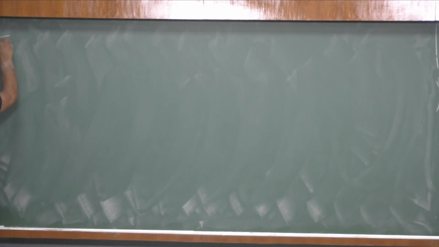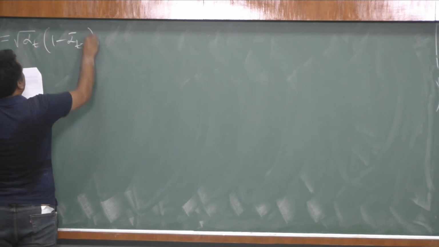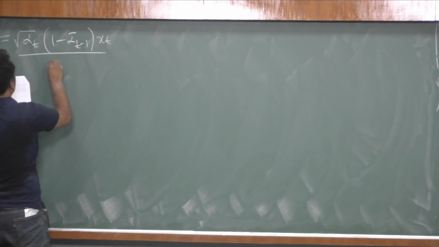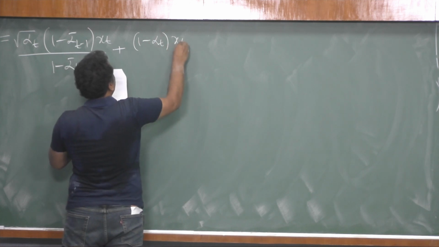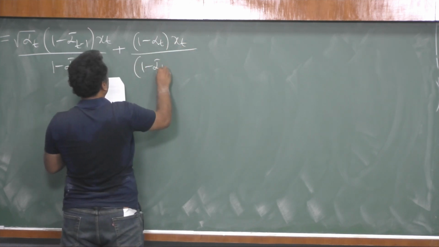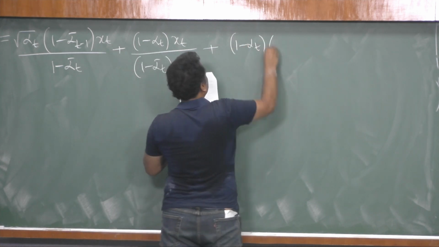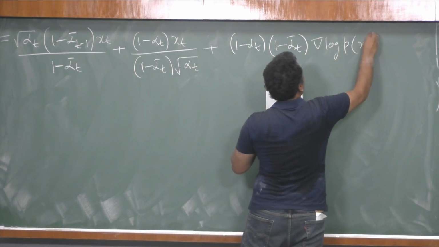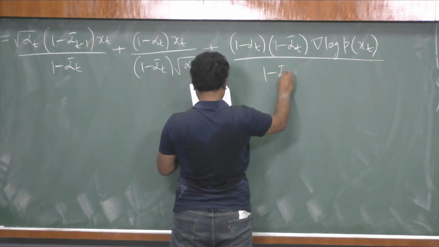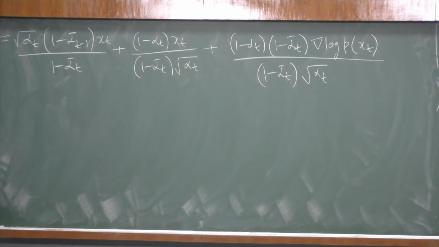So this will be alpha t, 1 minus alpha bar t minus 1, xt divided by 1 minus alpha bar t, plus 1 minus alpha t, xt divided by 1 minus alpha bar t, square root of alpha t, 1 minus alpha t, 1 minus alpha bar t and grad log p(xt) divided by 1 minus alpha bar t and square root of alpha t. So we have basically separated these 3 terms. You can see it's correct. All the terms are correct.